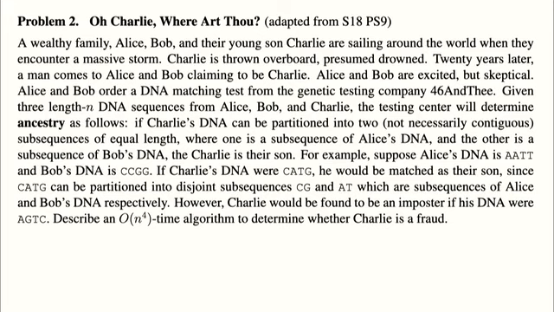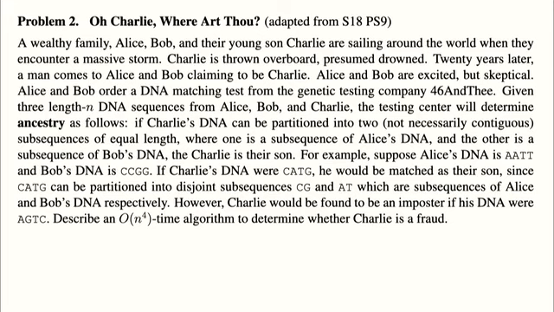must match to make some subsequences in Alice and Bob's DNA. Okay, so that's a little hard to parse, so let's look at an example here. For example, Alice's DNA is AATT, Bob's DNA is CCGG. If Charlie's DNA were CATG, they'd be matched, right? Because CG is a subsequence of Charlie's DNA and is a subsequence of Bob's DNA.